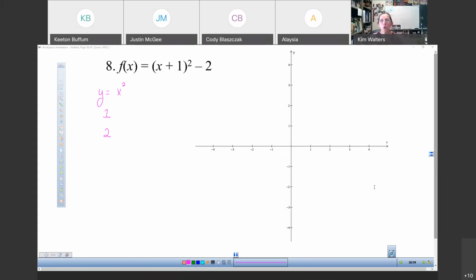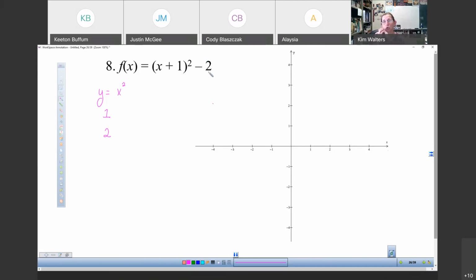So the question I'm asking you is, I'm taking x squared and this +1 here moves it somewhere, and the -2 out here moves it somewhere else. So the +1 in here, where does it move? 1 unit, is that going to go left or right or up or down?